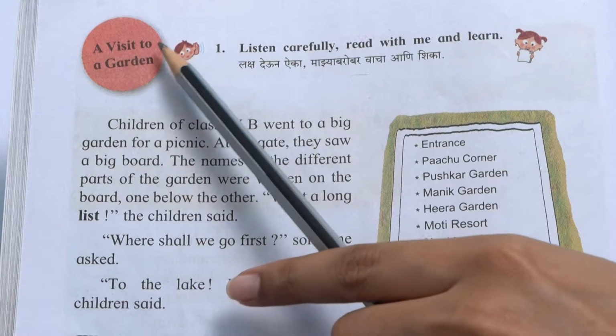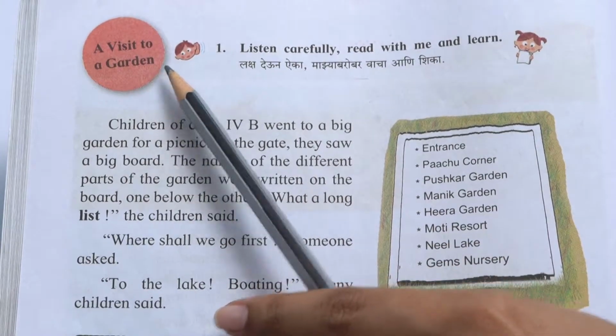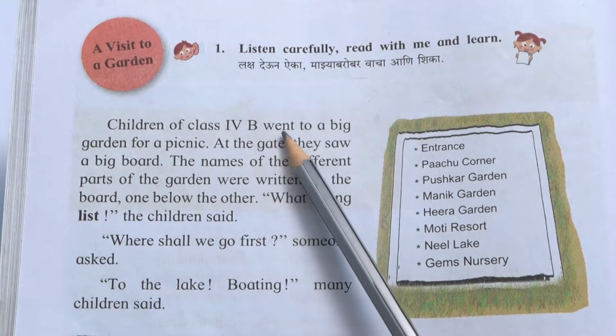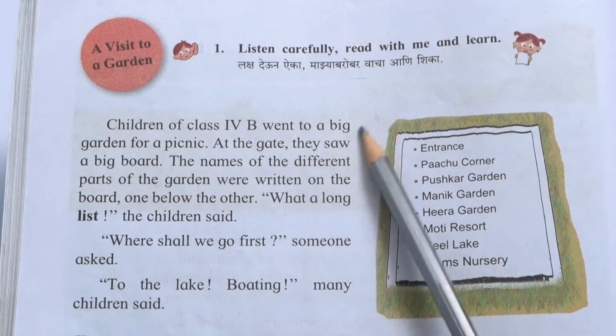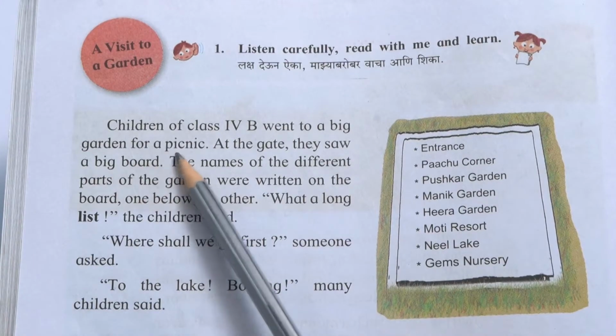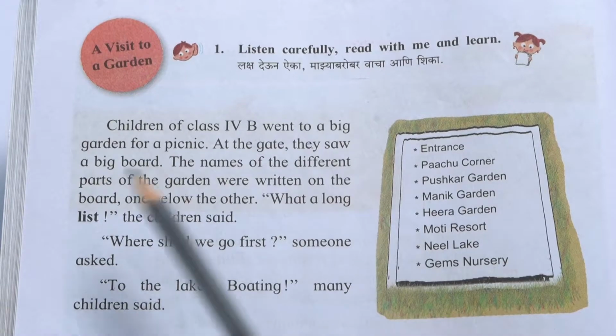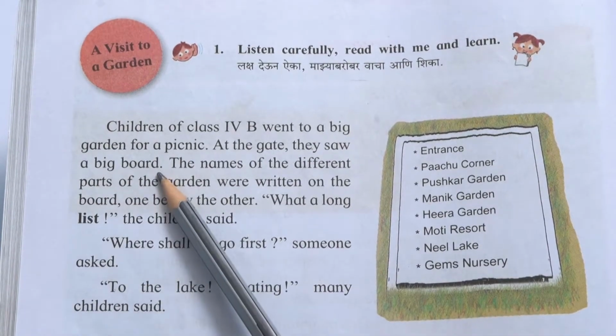A visit to a garden. Children of class 4B went to a big garden for a picnic. At the gate, they saw a big board.